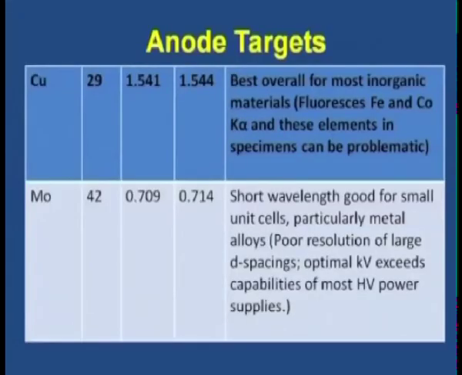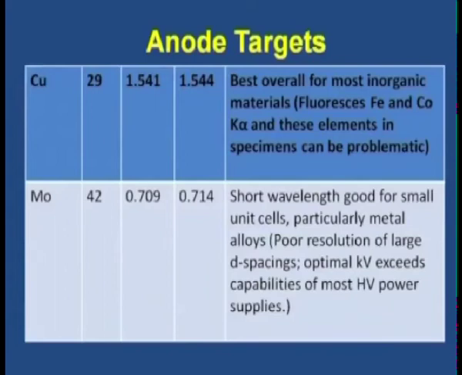Now, people doing X-ray diffraction studies should remember this particular value by heart: 1.541 angstrom. What is 1.541 angstrom? That is the wavelength of the K alpha or K alpha 1 radiation that is usually used for studying the crystal structures of most materials.